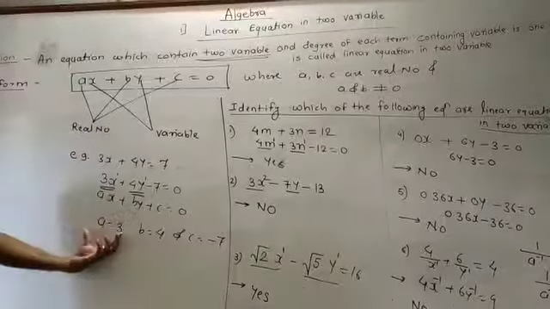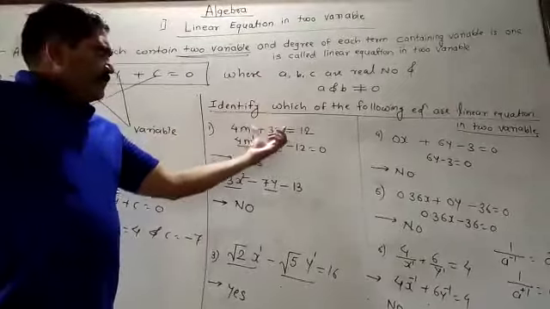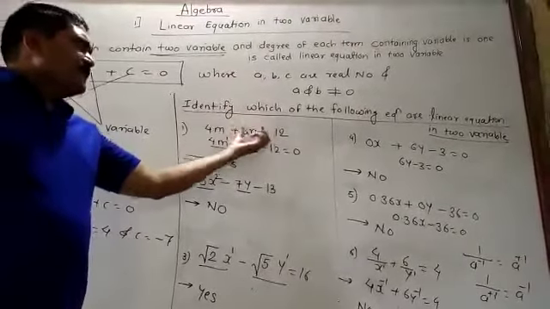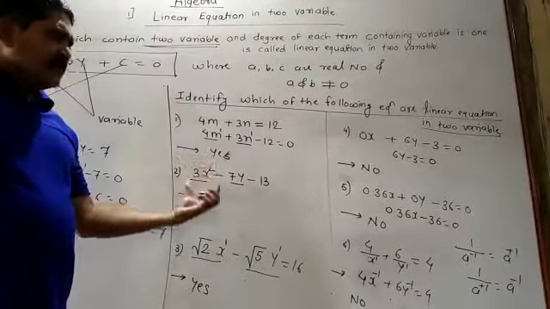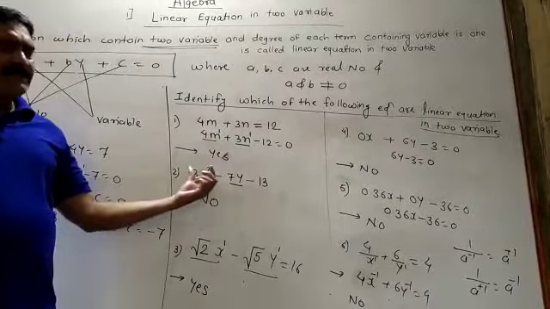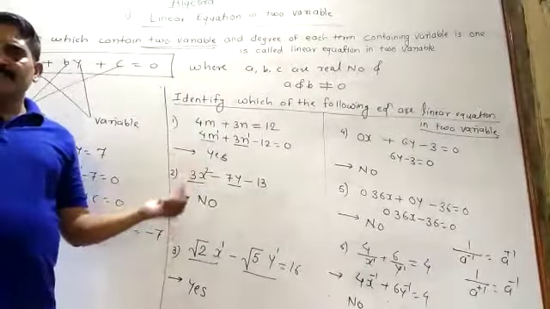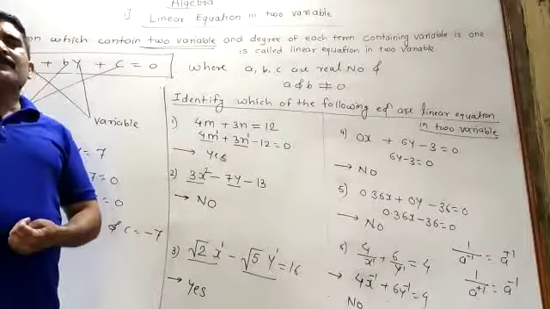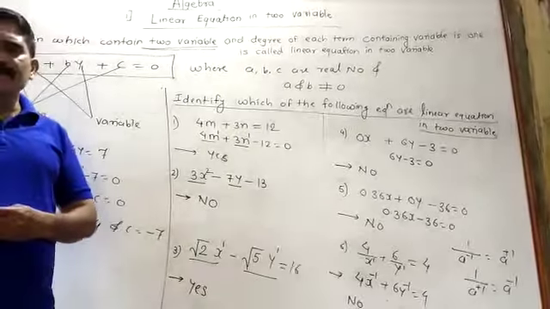I gave examples and we identified whether they are linear equations in two variables or not. In the next lecture, I will explain the different methods of finding the solutions of a linear equation in two variables.